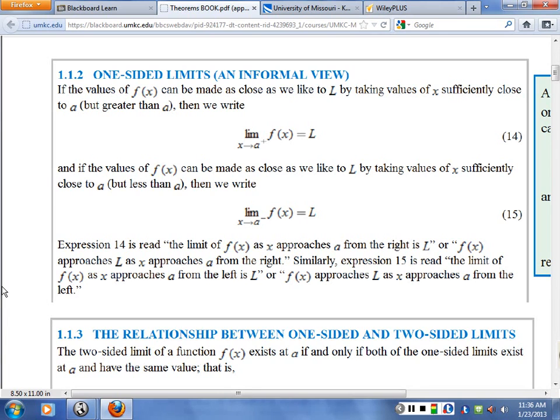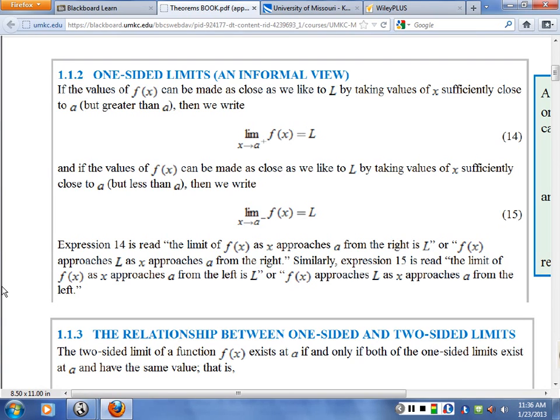Right side or left side limits are always going to exist. You're going to look at the function, you're going to travel along until you hit 2. You'll look at the left side of 2, so all numbers less than 2, and then you'll look on the right side of 2, all numbers greater than 2, but getting closer and closer to 2. If they go to the same point, the limit exists at 2.